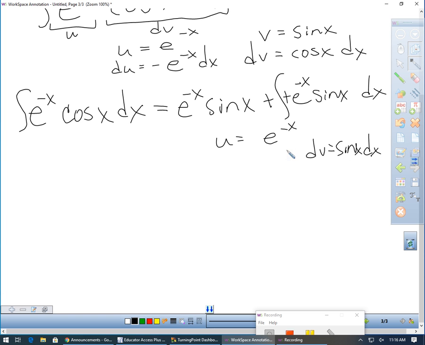Plus u. Alright, so du equals negative e to the negative x. Our v is, good, negative cosine x.